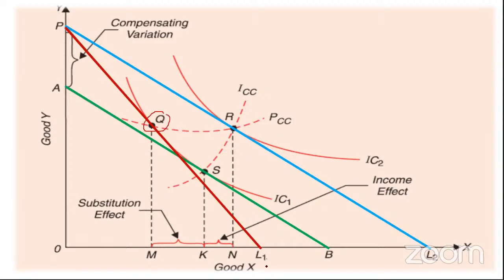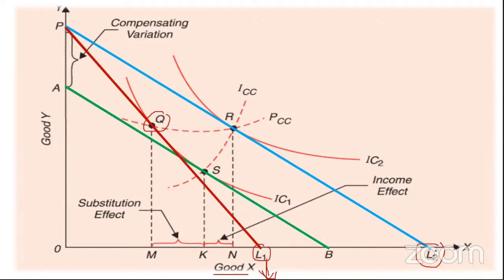When the price of good X falls, my budget line moves from PL1 to PL2. This is my second budget line, because the budget line twisted from L1 to L2 as the price of X fell. So he is capable of purchasing more of good X, up to the quantity of L2.